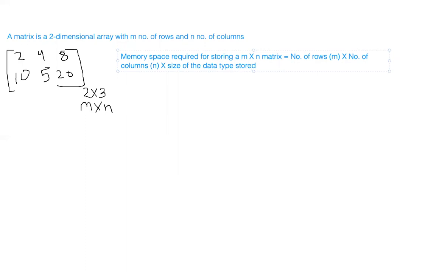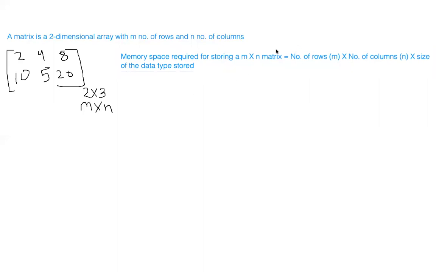So typically if it is int, it will be 4. If it is float, it is 4. So this is the memory space which will be required for storing an m cross n matrix in memory.